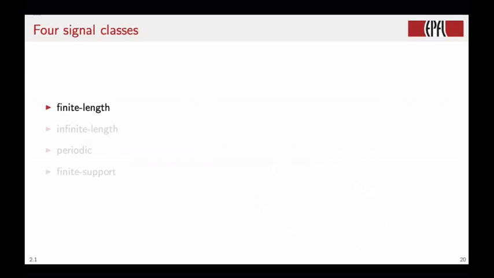There are really 4 classes of signals, and each one of them is a natural example of a signal and is used in different cases. The first one, the simplest one, is the finite length signal, then the infinite length sequence, periodic signals, and finite support sequences. Let's look at each of them in a little bit more detail.